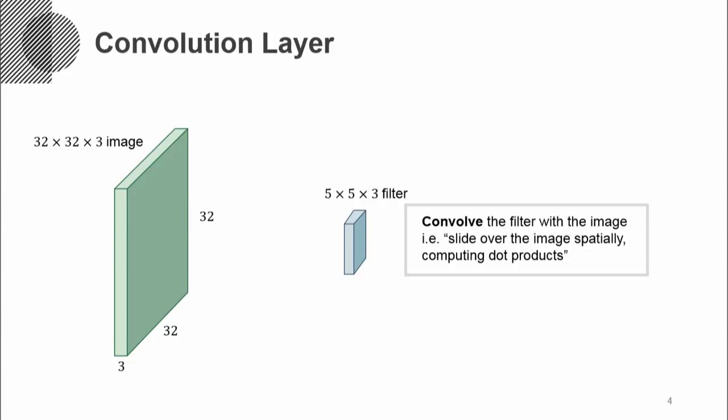And in the case of our convolution filter, suppose our filter size is 5 by 5.